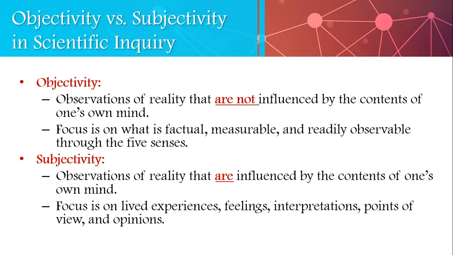However, it is the responsibility of the researcher to be very transparent about what their biases are, because those biases can and will influence the research process and how they interpret the data. The focus within subjective approaches to research is really on lived experiences, feelings, interpretations, points of view, and opinions.